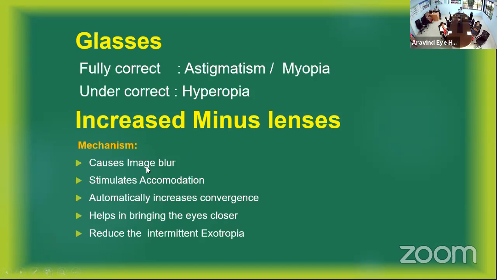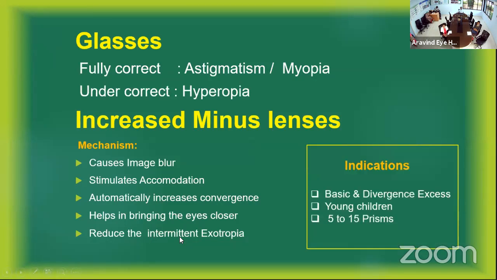When you give the minus lenses, it causes image blur. So the patient tries to accommodate, and when they accommodate, convergence happens automatically. So the eyes come closer and there is reduction in intermittent exotropia. This is how minus lenses work.